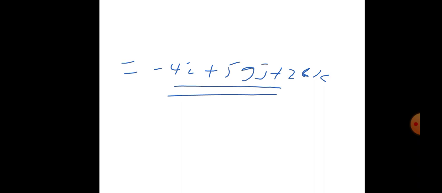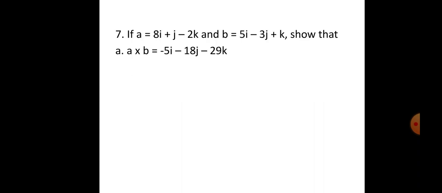Next, question number 7. If A is equal to 8i plus j minus 2k and B is 5i minus 3j plus k, show that A cross B is equal to minus 5i minus 18j minus 29k.